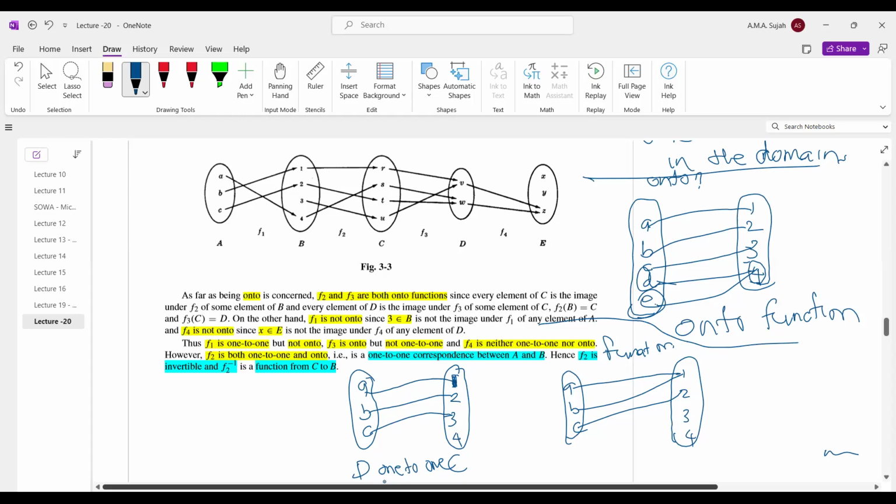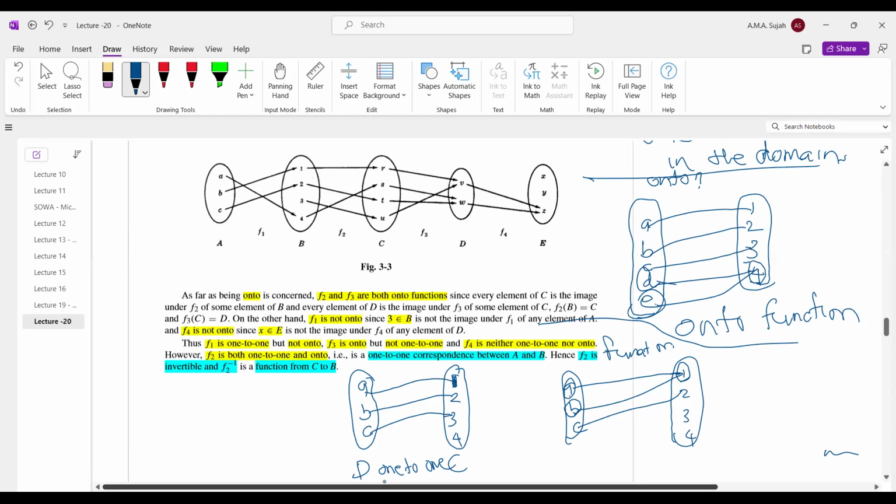What is the condition for one-to-one? Each element in the codomain is the image of at most one domain element. But here, there are two domain elements mapped to the same output, right? It is not possible in a one-to-one function.